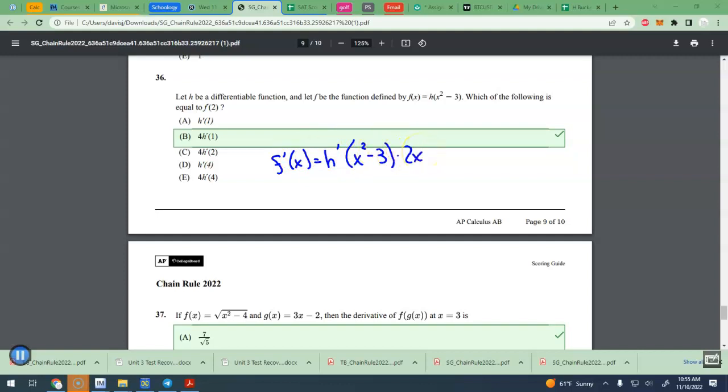So say it again. Isn't f of 2 just h of 1? If you plug 2 into the original function, you get h of 4 minus 3, which is h of 1. So then the derivative of that is your h prime of 1.